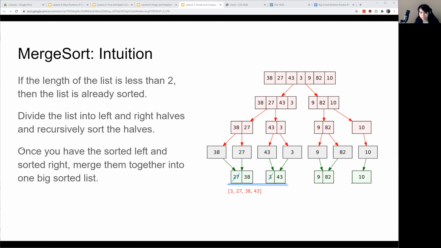So there is this last step here where we have the sorted left and the sorted right, these two green lists here. We have to merge them together based on the smallest elements being brought down first into the resulting list. And that means that overall, there is some algorithm that we have to think about when it comes to merge, right?